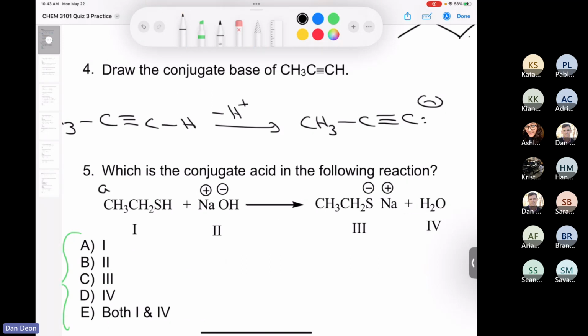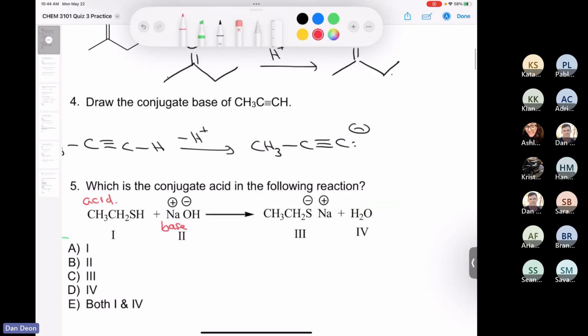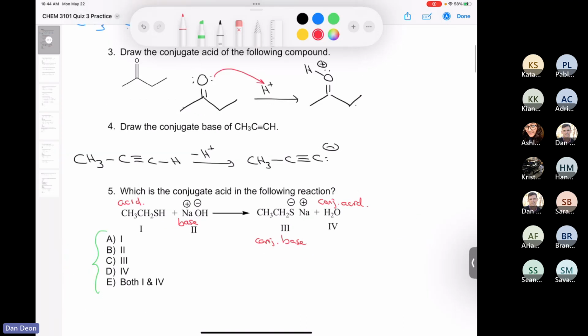So this is our acid. And then this is our base. And so this is going to be our conjugate base. And this would be our conjugate acid. The water is the conjugate acid here. And so number 4, which is water, would be the conjugate acid.